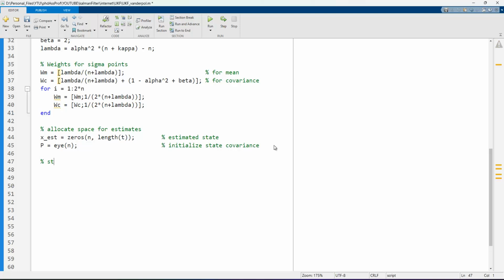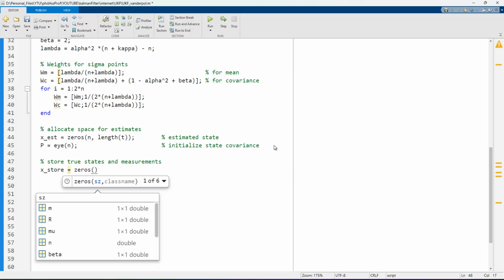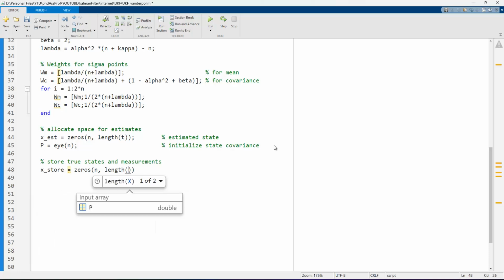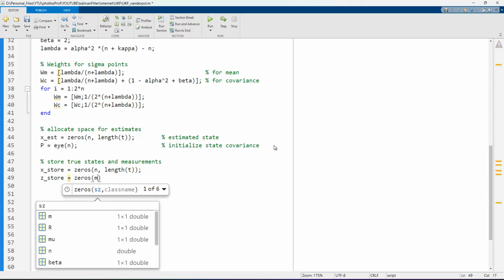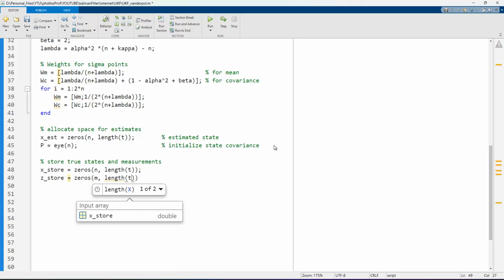After that, we also need to store true states and the measurements. Okay, x is the stored value, zeros, and length of t. These are the vector, time vector, and so z is stored. This is the measurement storing, zeros and length t. Just remember that m is equal to 1, which means that we only measure the position of these values, and so this is a 1 times length t vector, this is a 2 times length t vector.